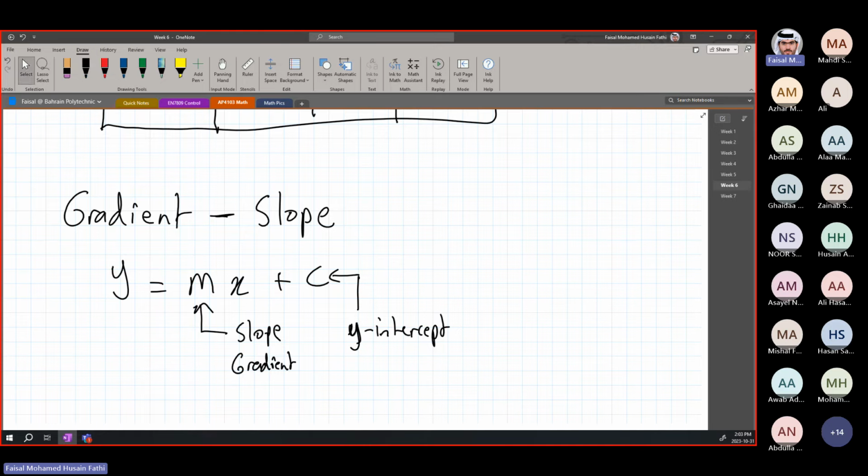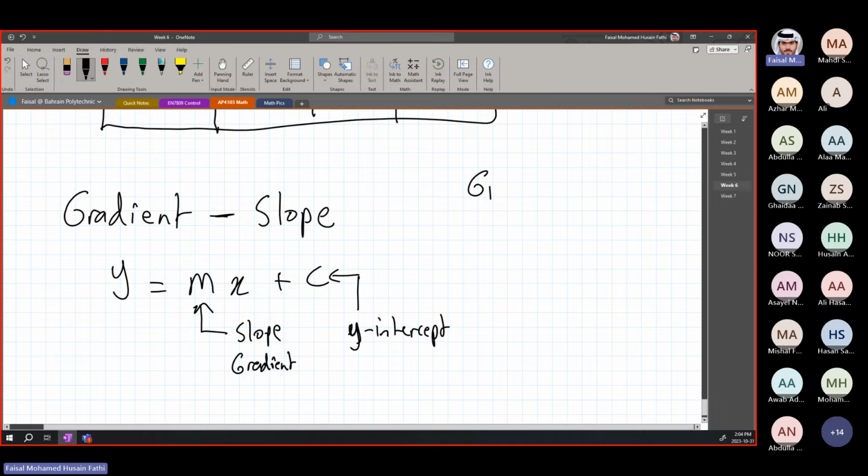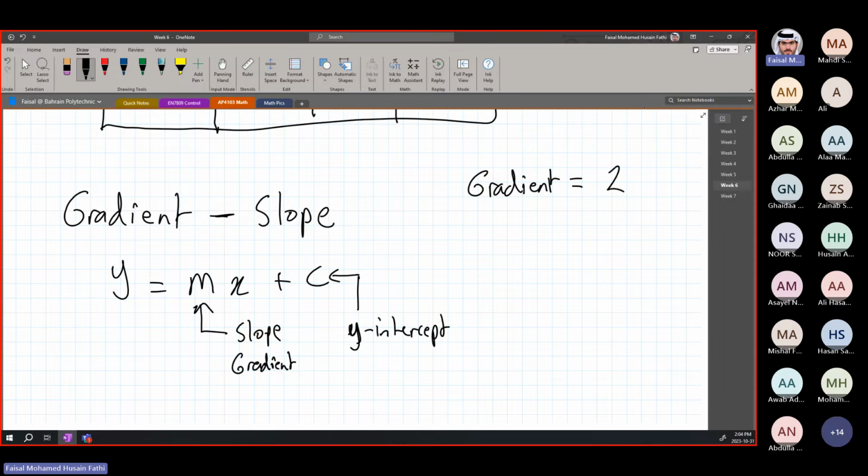Let's continue and look at the question. I lost the question for one second. It says the gradient of a line is equal to 2, which means m is equal to 2.